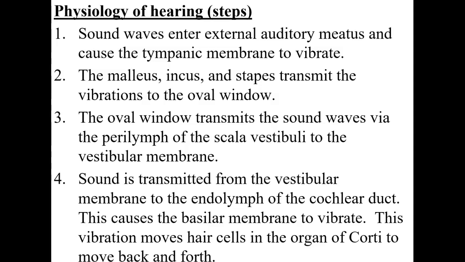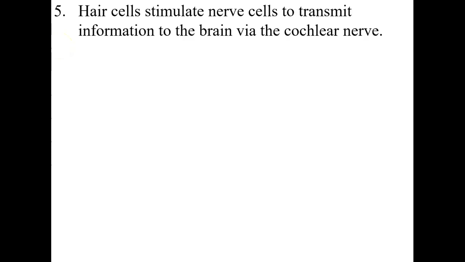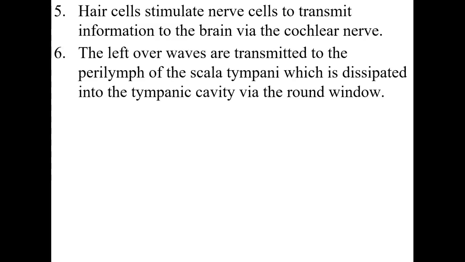This causes the basilar membrane to vibrate. This vibration causes hair cells in the organ of Corti to move back and forth. Hair cells stimulate nerve cells to transmit information to the brain via the cochlear nerve. The leftover sound waves are eventually transmitted to the perilymph of the scala tympani, and this is dissipated into the tympanic cavity via the round window.